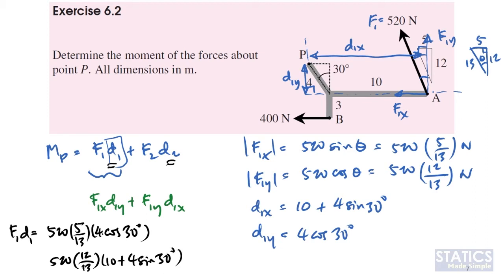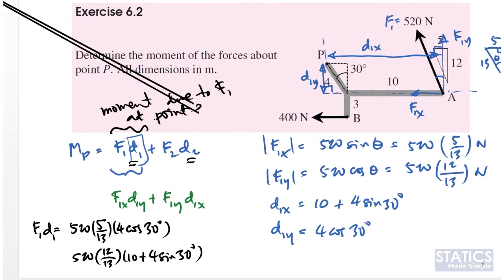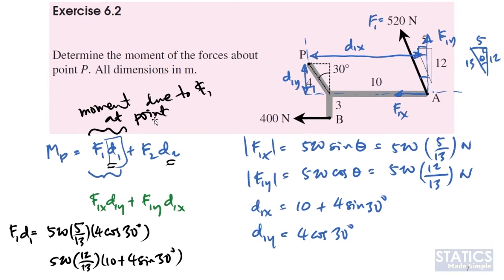Okay. In terms of sign, what we are calculating here is basically moment. Okay, this is moment due to f1 at point P. We are calculating moment due to f1 at point P. So that means we want to know what the direction of this moment is, due to f1.